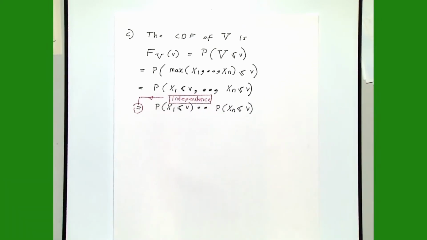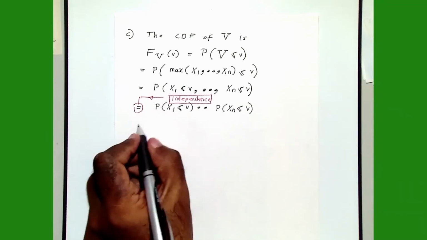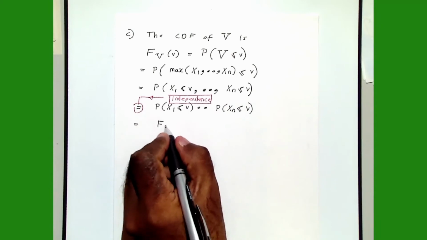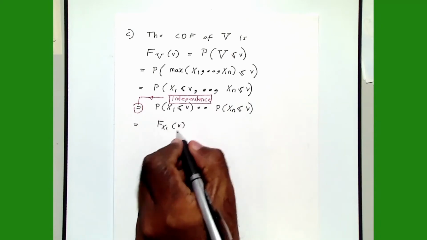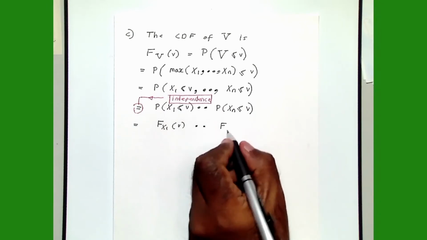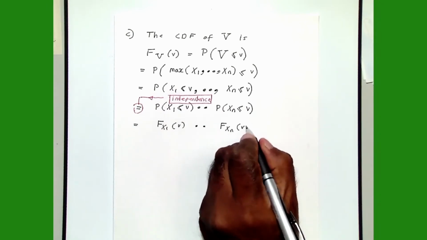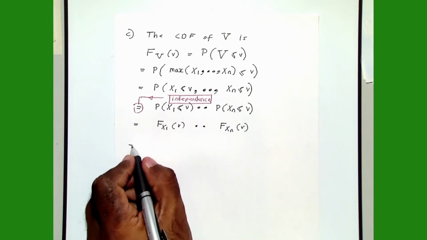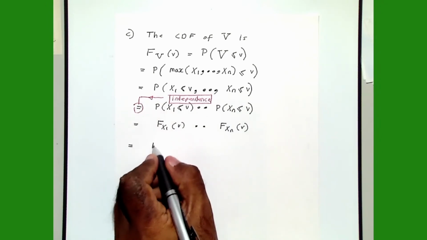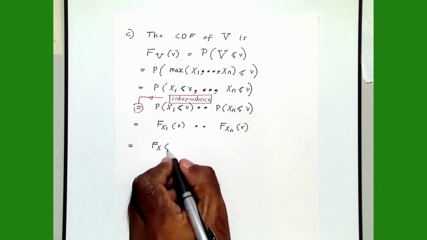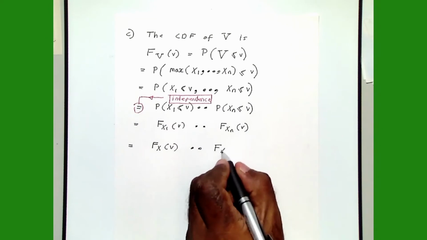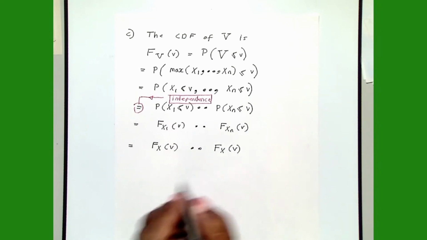Right, and by definition each of these is a CDF, so the first one is the CDF of x1 at V, and this one is the CDF of xn at V. Now, because the variables are identically distributed, this you can write as F x at V, and this you can write as F x at V, right?